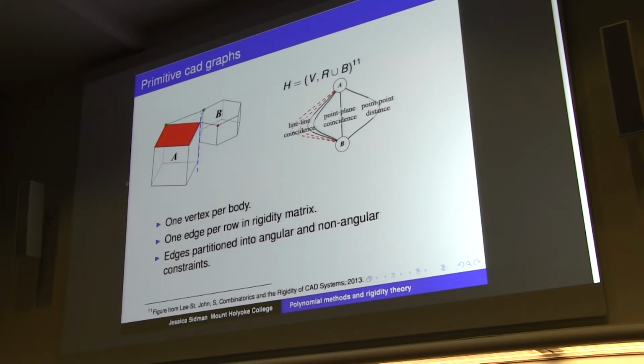So we're keeping track of things that just constrain angles. And then I have my point-plane coincidence and my point-point distance. Again, 1 vertex per body, 1 edge per row in the rigidity matrix, and we're partitioning the edges into angular and non-angular constraints.